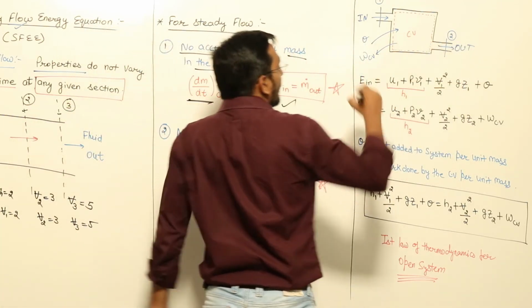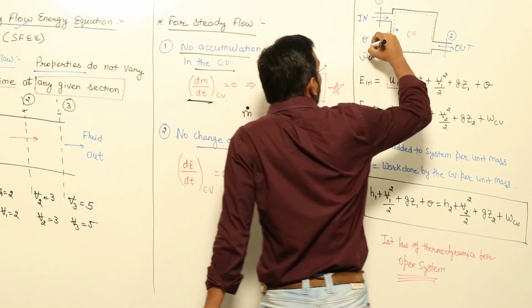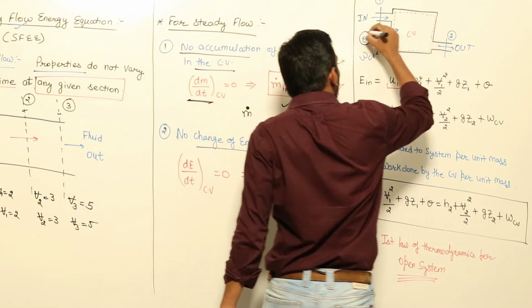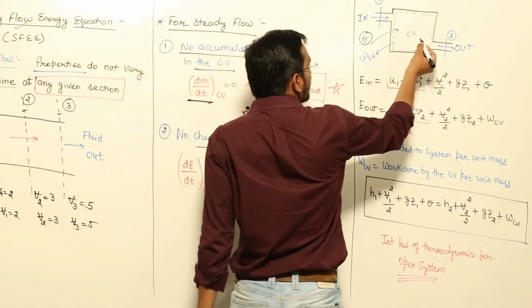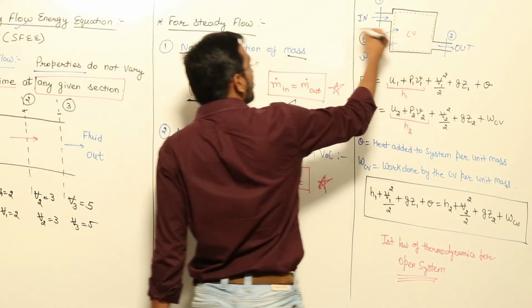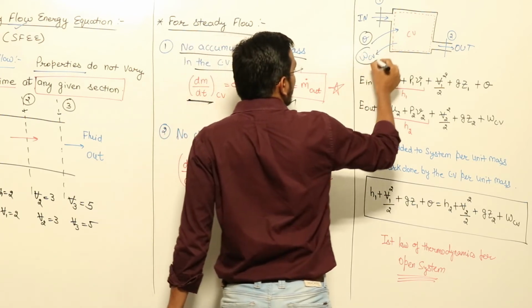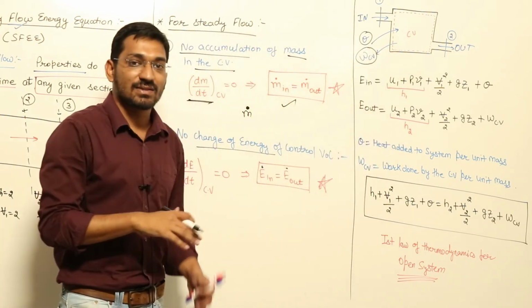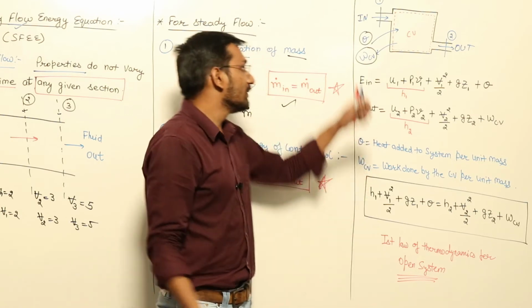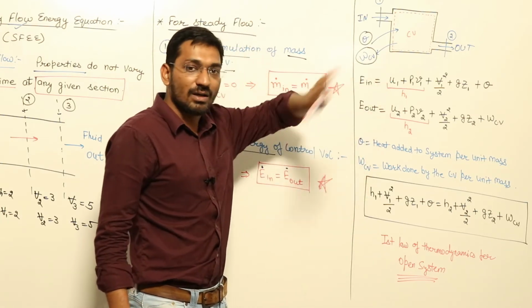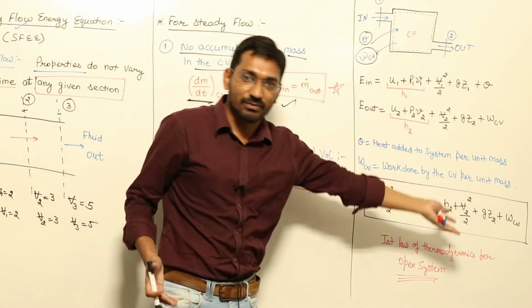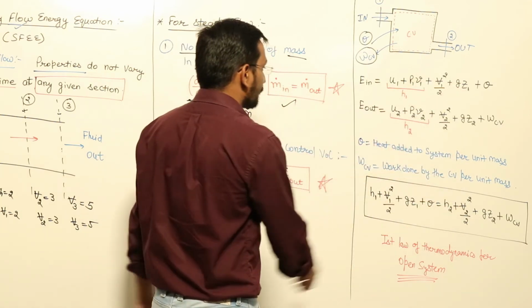Suppose heat Q is added to the system, and the control volume is doing some work on the surrounding, that is, work is done by the system on the surrounding. That is W_CV, the control volume work.